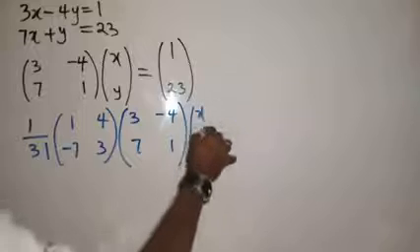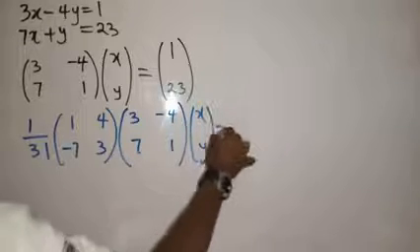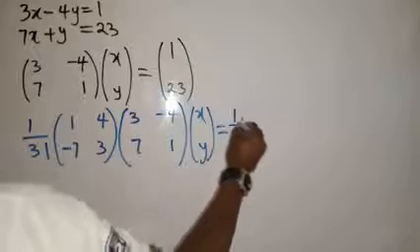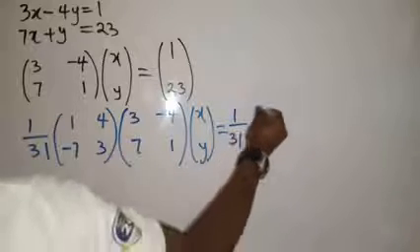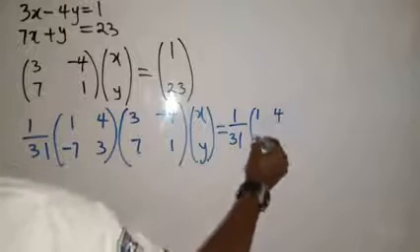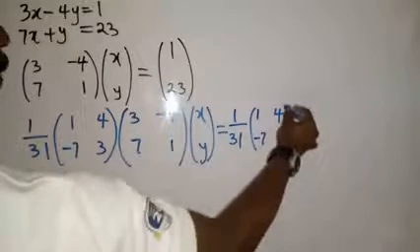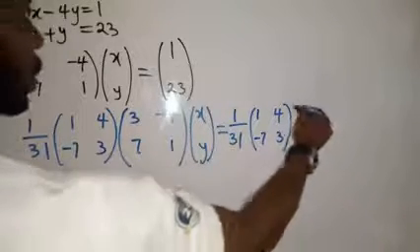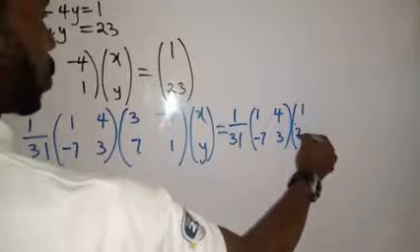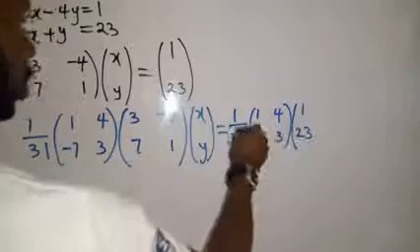Then we have x, y equal to, bring the same thing over to the other side, 1 over 31, [1, 4; -7, 3], then bring this one, 1, 23. I'm sorry for putting it over here.